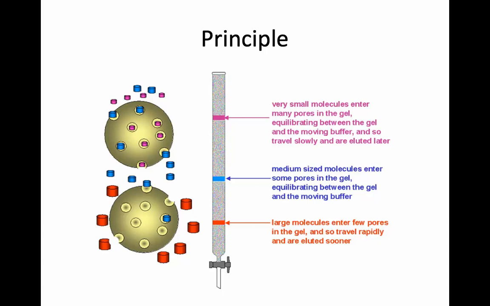Just to give another idea, in principle, very small molecules enter many pores in the gels, travel slowly, and are eluted later. Medium molecules enter just some pores in the gels and so move at an intermediate rate, while large molecules cannot enter the pores in your gel, so they just find their way through the gel beads and get eluted very quickly.